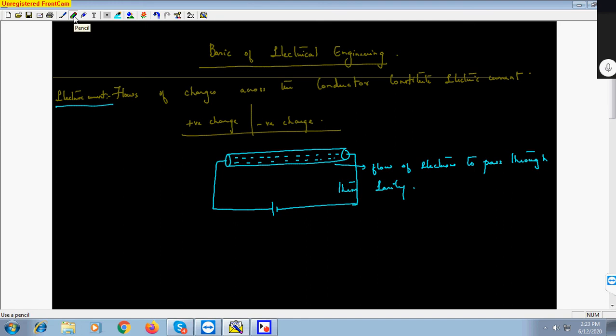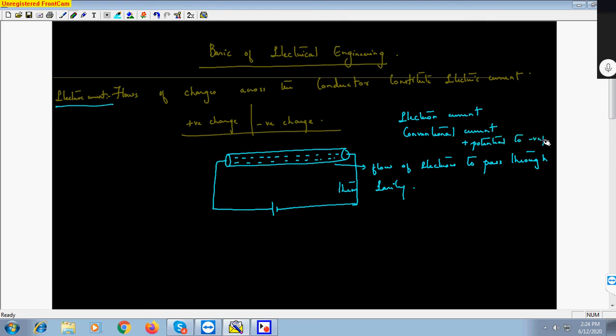In current terminology, we use two terms. One is electron current, another one is conventional current. Convention means, according to some rules, we say that current flows from positive potential to negative potential.